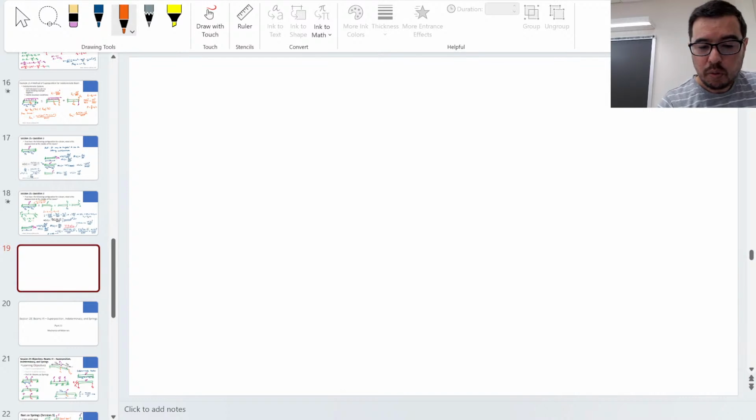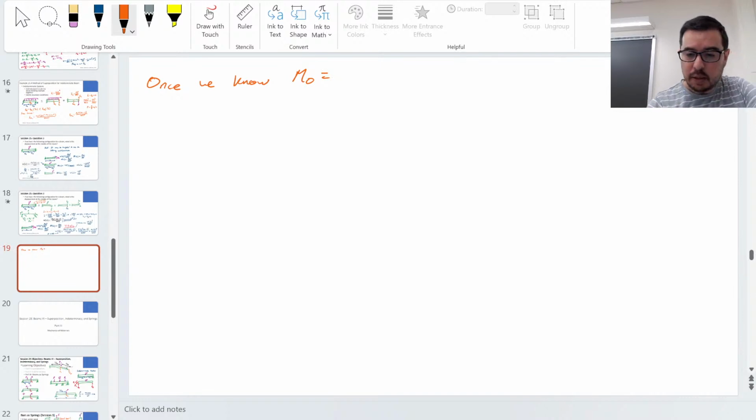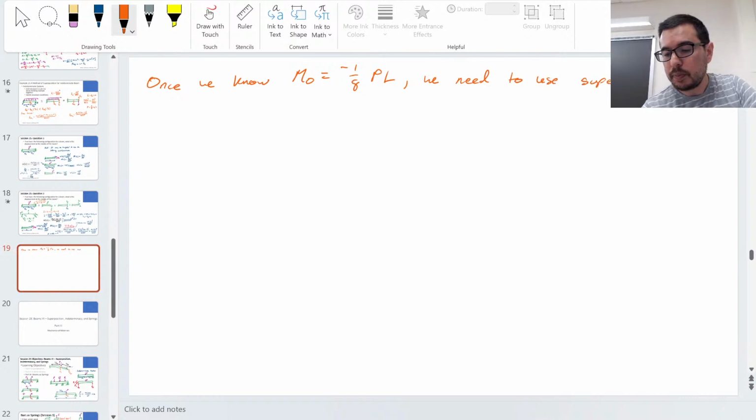So once we know M naught, M naught is equal to -1/8 PL, we need to use superposition again to calculate deflection.